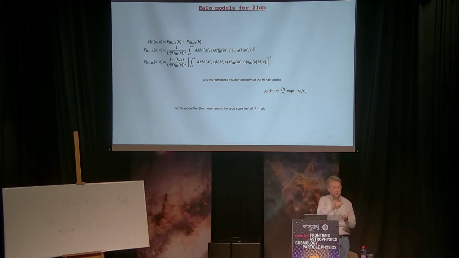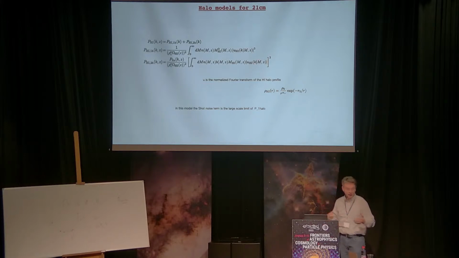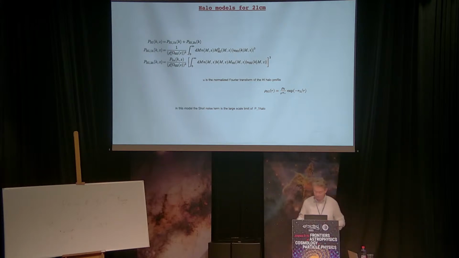It is the translator of astrophysical into cosmological information. It is very important. And this is the H1 profile. Could be Navarro-Frenk-White, could be something better like this one here, which emerges from simulation. But basically, this is a very simple way to get your H1 power spectrum out of a theoretical model.